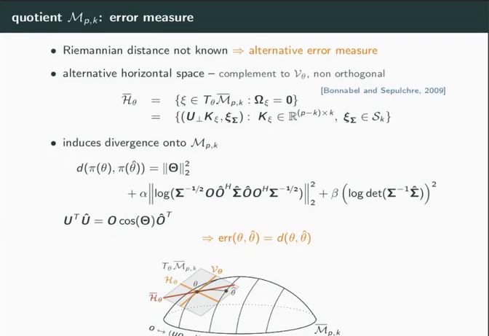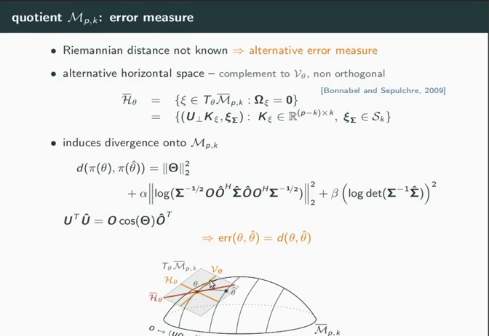and we are not able to retrieve this geometrical tool, the distance. So what we have to do is to go beyond Riemannian geometry and find an alternative error measure. To do so, we choose an alternative horizontal space, which is given here. The idea is that it's still complementary to the vertical space, but it is no longer orthogonal.